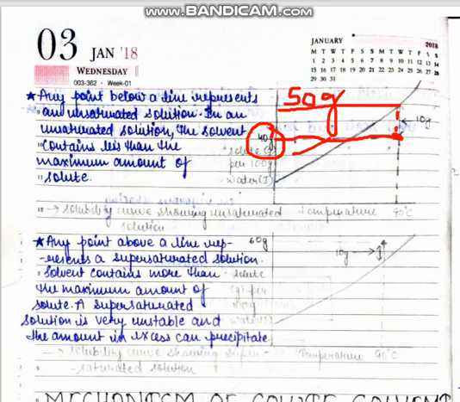Any point below the line represents an unsaturated solution. In an unsaturated solution, the solvent contains less than the maximum amount of the solute.